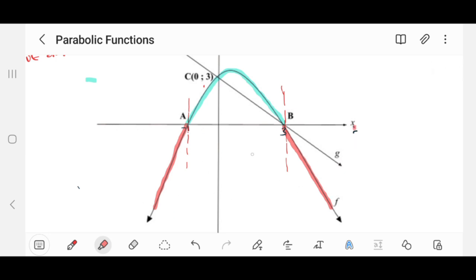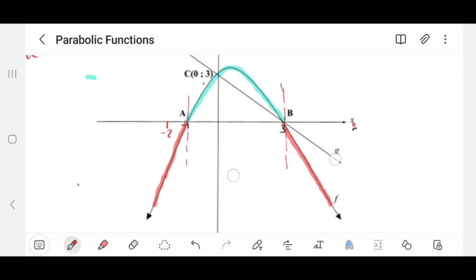Remember, below the x-axis, the region is negative. So anything that is maybe x equals -2, its image will be somewhere here, is negative. But anything in between -1 and 3, the function is positive.